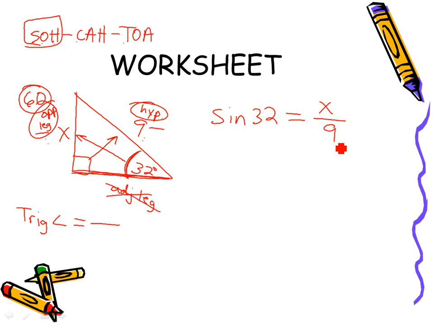Now you have to grab your calculator. If you can get the equation set up, like we just did right there, that's the hardest part, because then everything else the calculator will do for you.